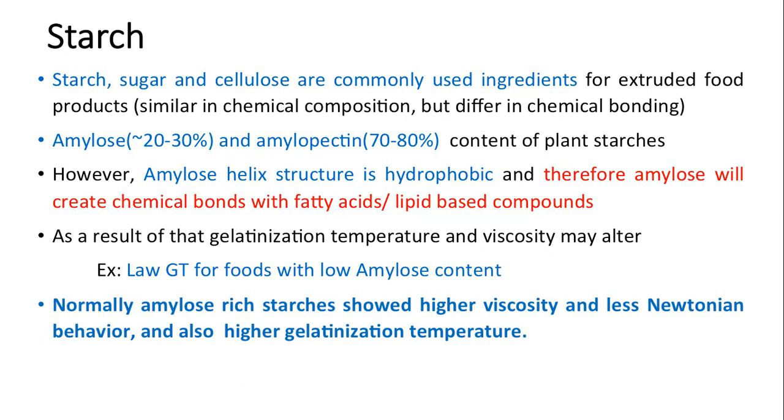Right? Sometimes you just take some ingredients, mix those things and try to develop an extruded food product. That should not happen as you are technologists, right? Before that, everything has to be planned. The process line, raw materials, quality, everything has to be planned, and then go for the process, right?